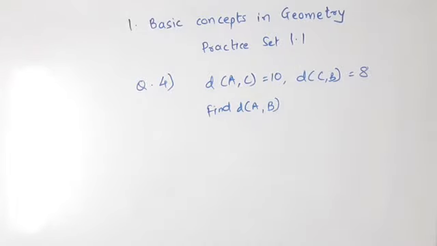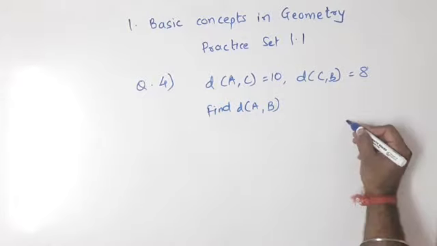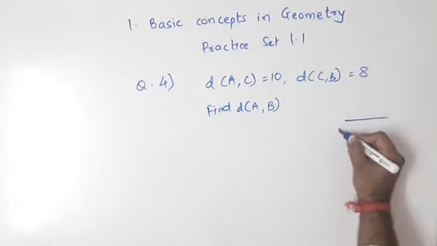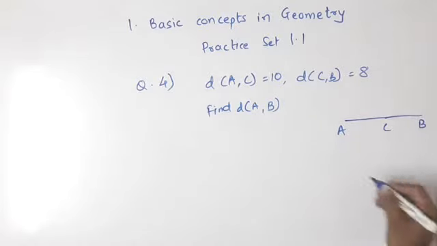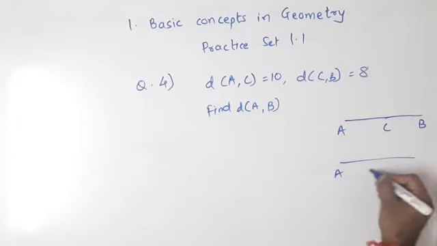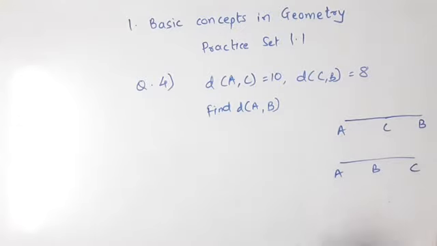Considering all possibilities simply means that A, B, C are collinear and we don't know the betweenness here. Now it can be like this, that we can have A, C, B, or we can have A, B, C.